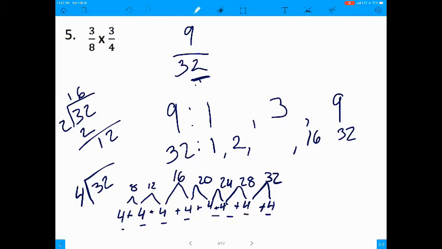So 4 times 8 gets us 32. I can see our greatest common factor is 1, so that is as simplified as it gets.